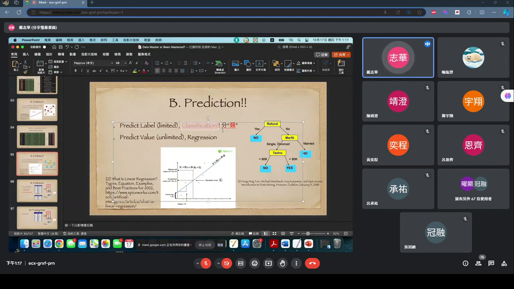For those kinds of tasks, we want to extract the rules among the specific class label, or class value, we want to extract the relationship among the specific attribute and the other attribute values.